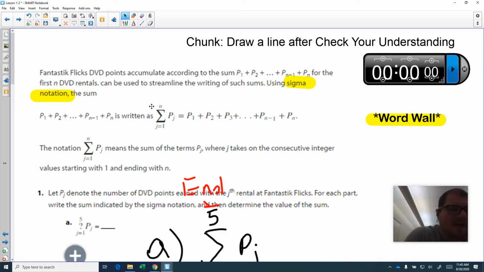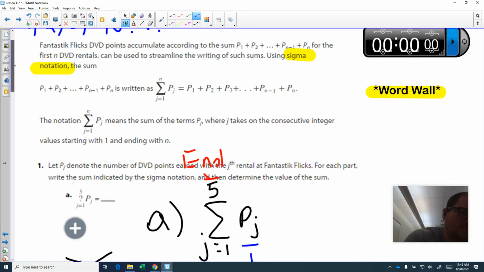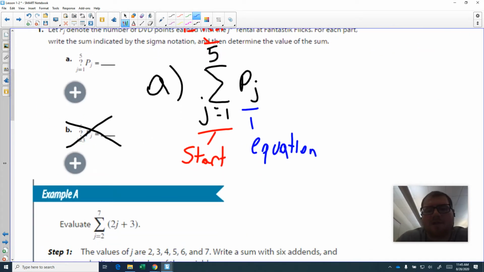So for example, if I had 1, 2, 3, 4, 5, and that kept going on, you couldn't find the sum of that pattern because it's continuous. However, if I said find the sum of the first 5 numbers, this would be a partial sum of that total right there. 1 plus 2 plus 3 plus 4 plus 5, okay? I can't find the full sum of the whole pattern, but I can find a partial or piece of the sum within it, okay? So basically, this is how that works, okay?